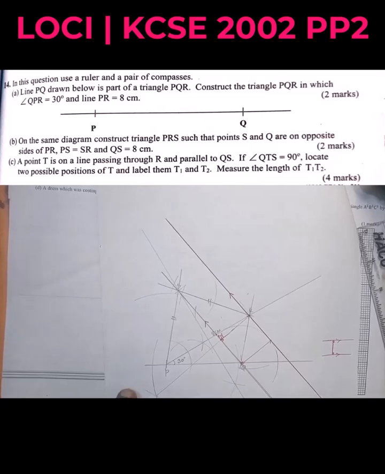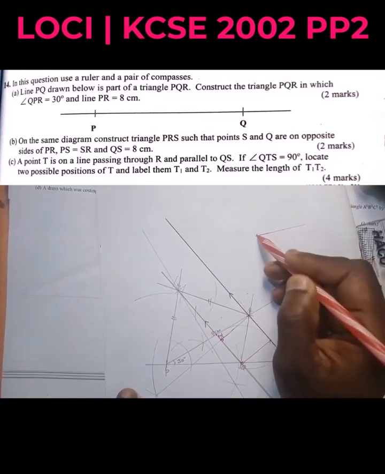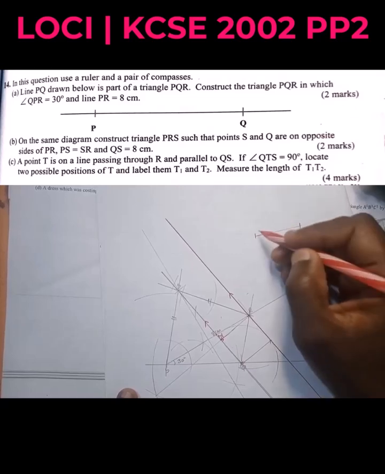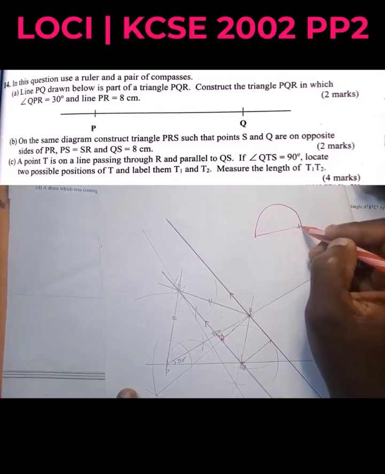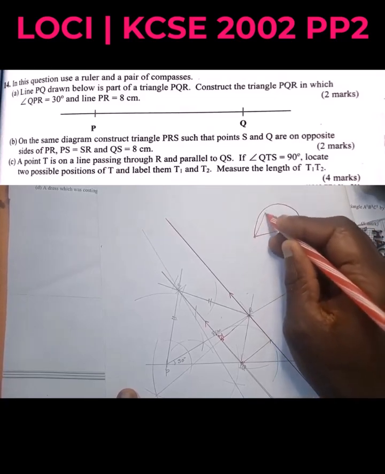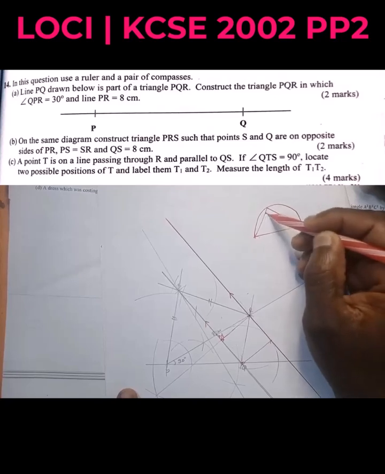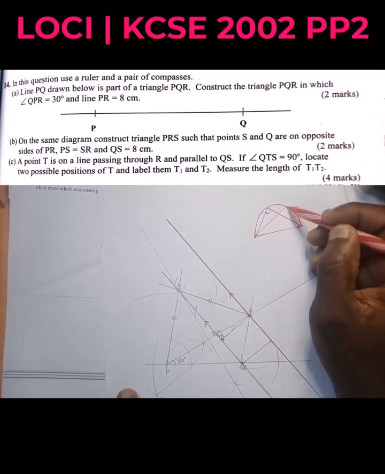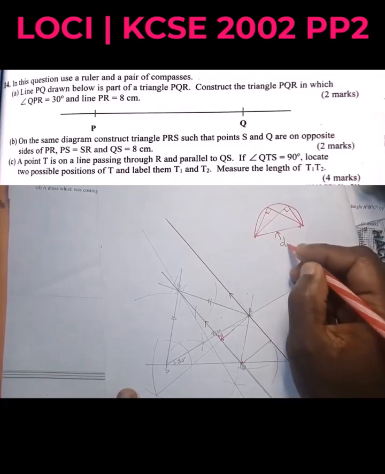For this question, you need to remember that there's an angle property, that if this is the diameter, and you draw any angle subtended by the diameter at the circumference, it should be 90 degrees. That is the property that you're going to use there.